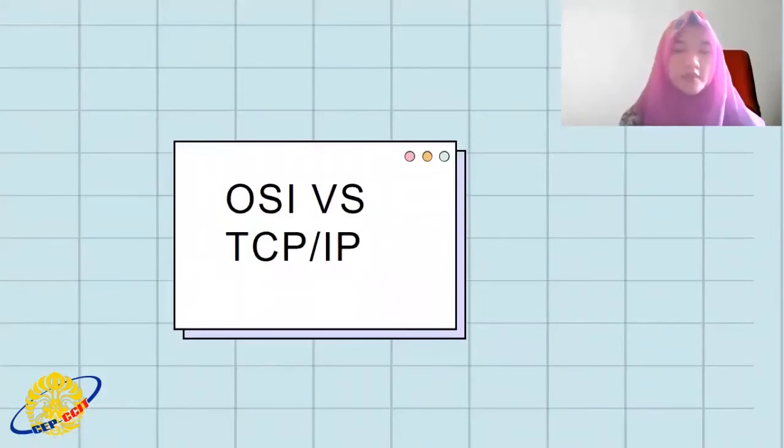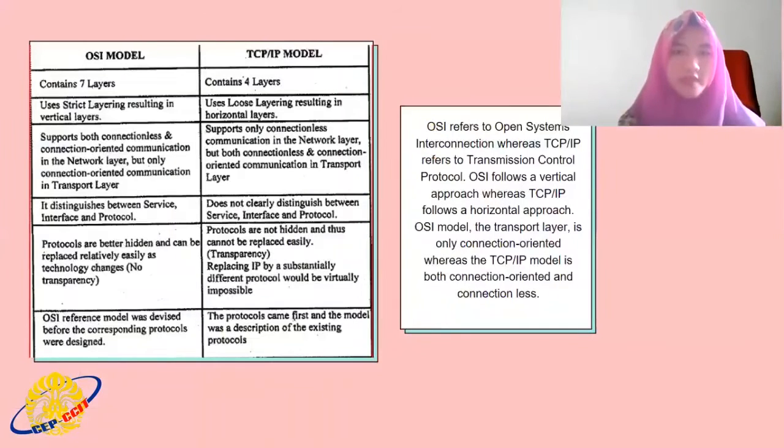Then I will talk to you about the difference between OSI and TCP/IP. First, the OSI model contains 7 layers, whereas the TCP/IP model contains 4 layers. The OSI model uses strict layering resulting in vertical layers, whereas the TCP/IP model uses loose layering resulting in horizontal layers.